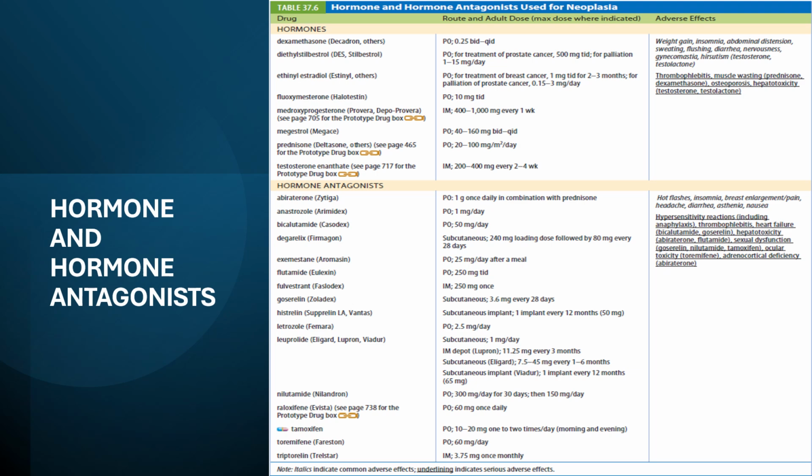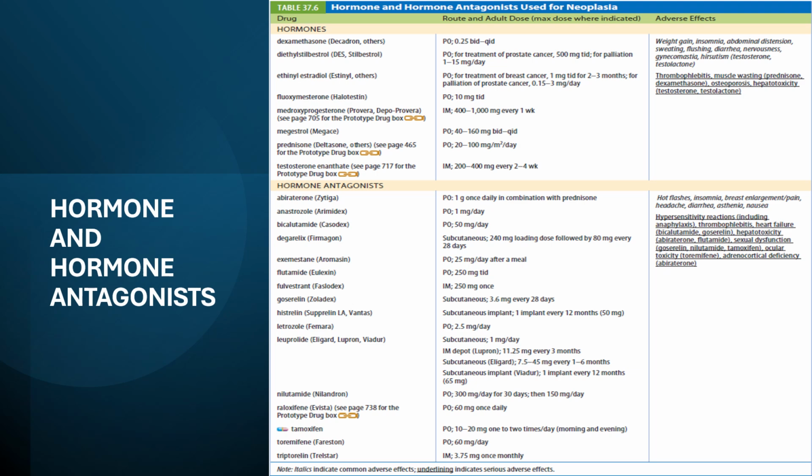Now, androgen antagonists. The growth of prostatic carcinoma is usually androgen dependent. The androgen antagonists prevent testosterone and other androgens from reaching the receptors on cancer cells, thus depriving the cells of an important growth promoter.